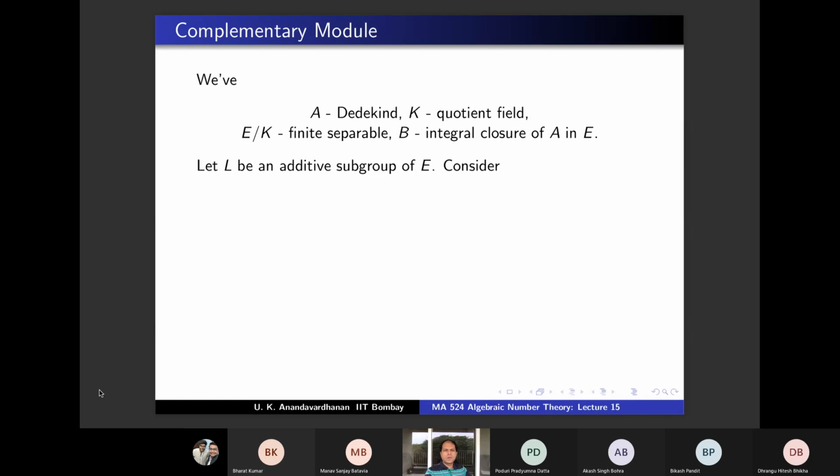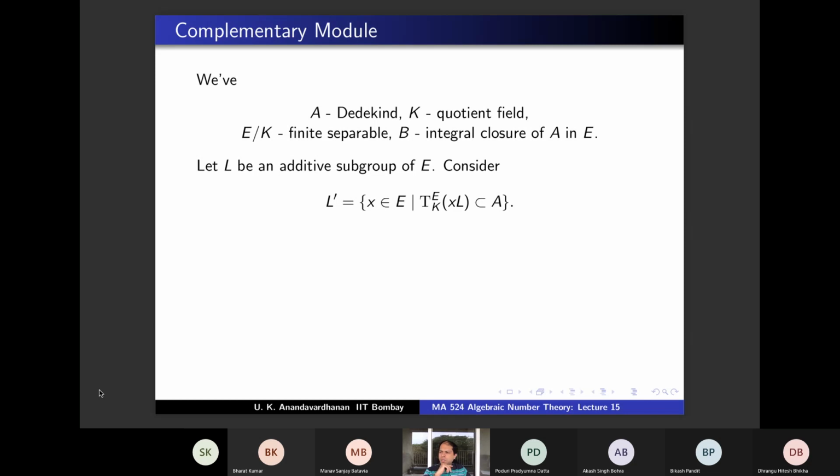And we are going to consider what is called the dual module. The dual of L, with notation L prime, is defined as those x in E such that for all l in L, when you multiply xl and take the trace from E to K, that belongs to A. So those x in E such that the trace of xl is contained in the ring of integers downstairs.